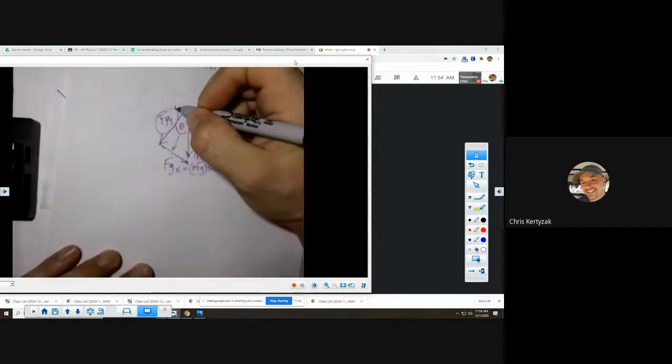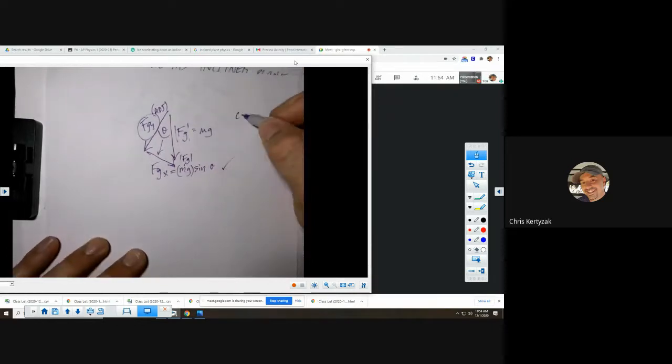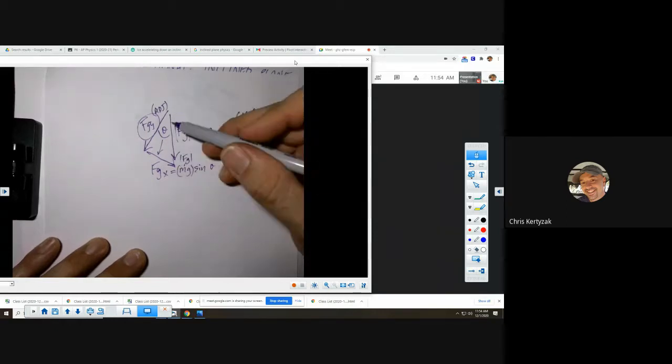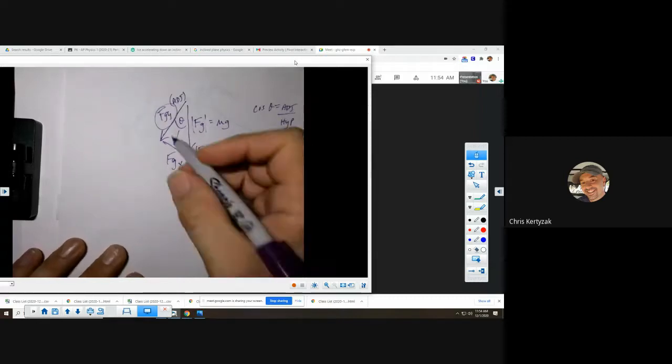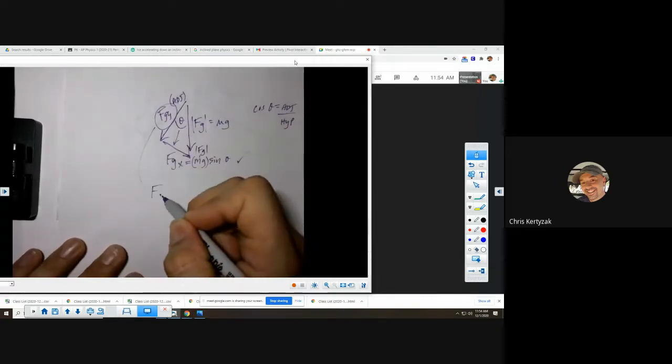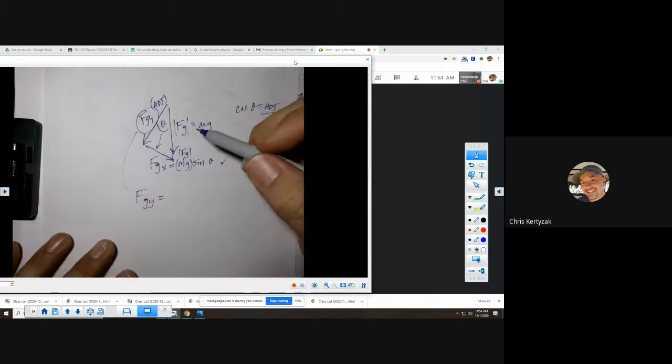We do see that this is adjacent to this angle. And we know that a cosine function provides us with the adjacent, and it also ties in the hypotenuse, which we know, which is mg.